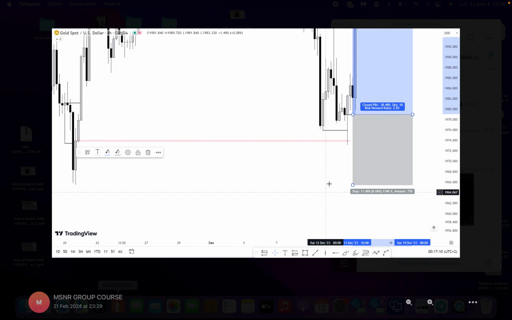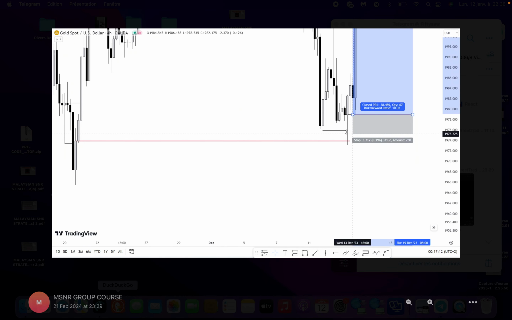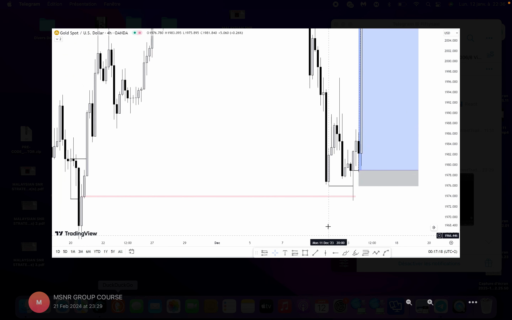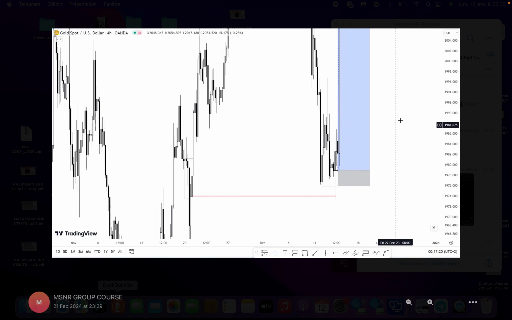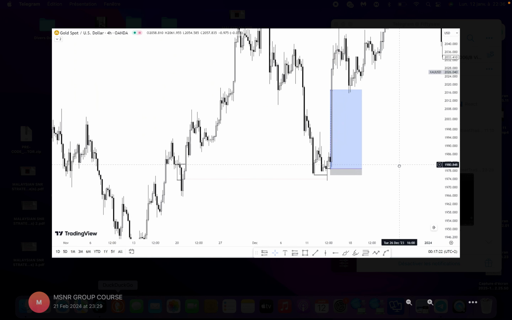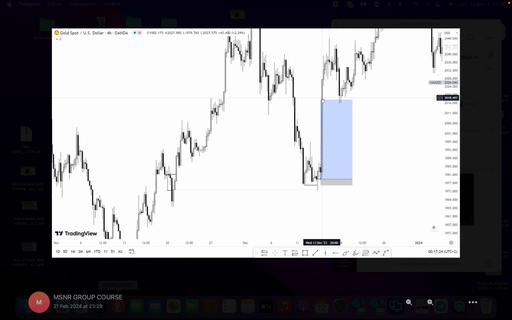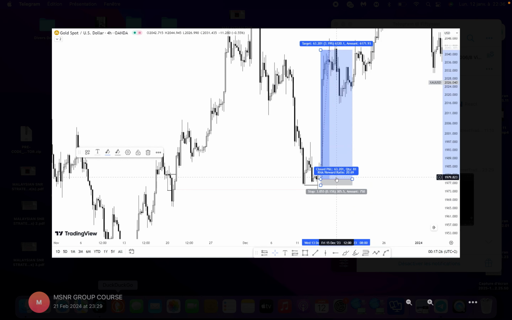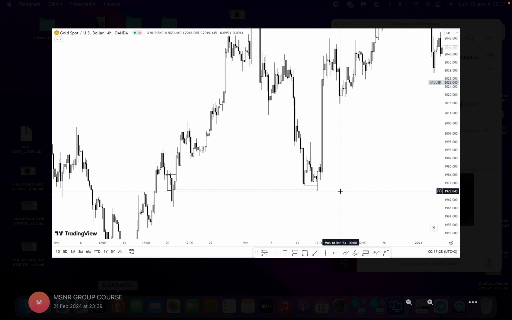I want it a bit closer to me. So 30 pip stop loss. And then you're in the trade, right? You're in the trade. And then price shoots high, right? That's basically the entry model that you would have used for this setup which happened here, right?